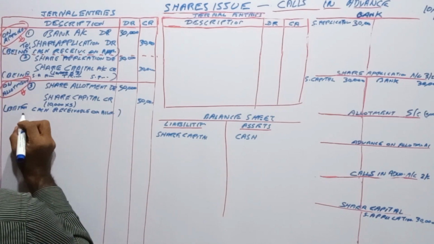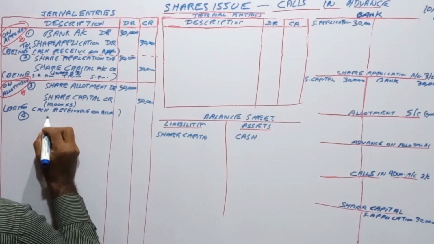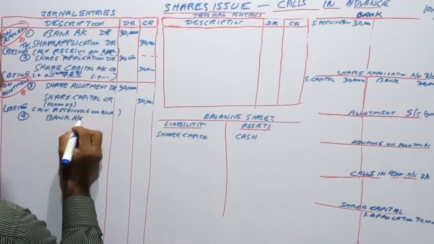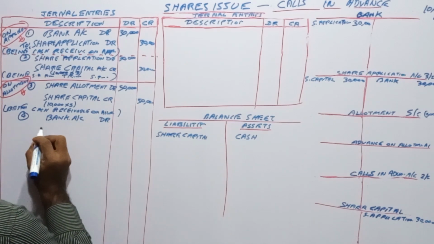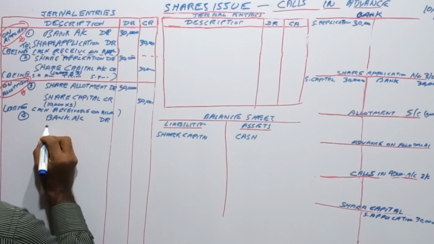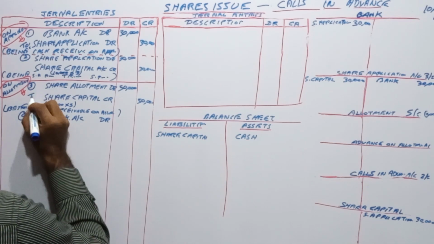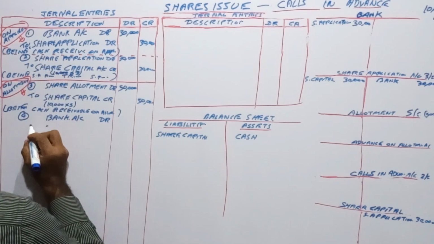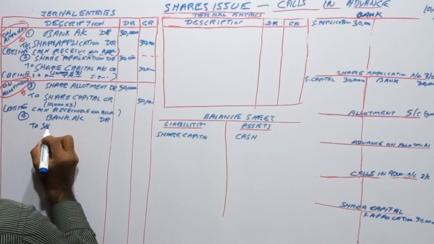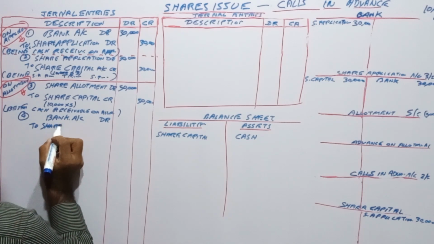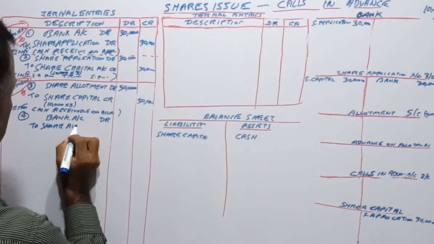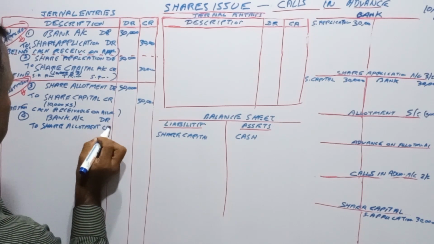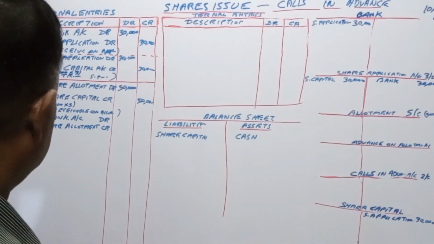When you receive cash, bank account debit and share allotment account credit. How much?